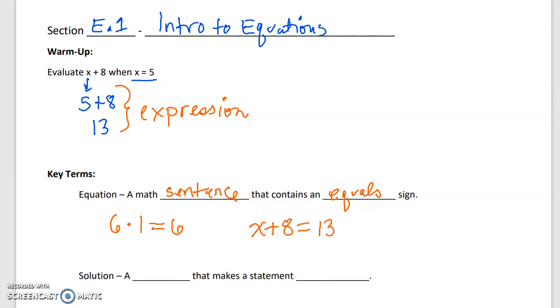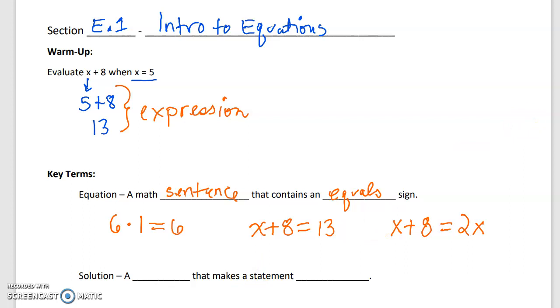In this case, we have an expression, x plus 8, with a variable in it equaling something else. And then we're going to talk about this type of equation in a second. You could also have variables on both sides of your equation. So you could have something like x plus 8 equals 2 times x. When does that happen? So these are all types of equations.